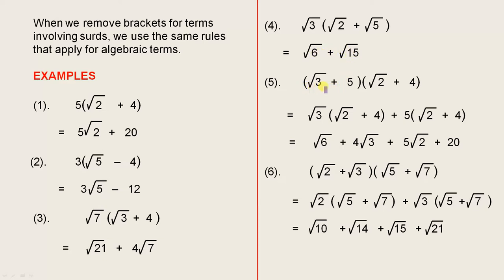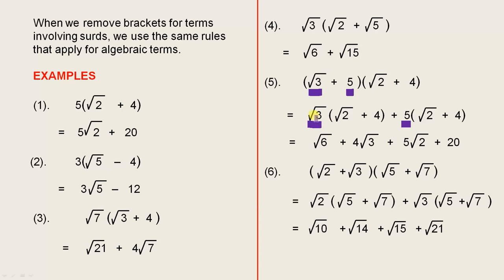Here we have two terms inside a bracket multiplied by another two terms inside the brackets. If we remember how to do expansion, we write the square root of 3 outside the brackets, and then we write square root of 2 plus 4, which is those terms. Then we write 5 outside of the bracket, and then we write the square root of 2 plus 4 inside.